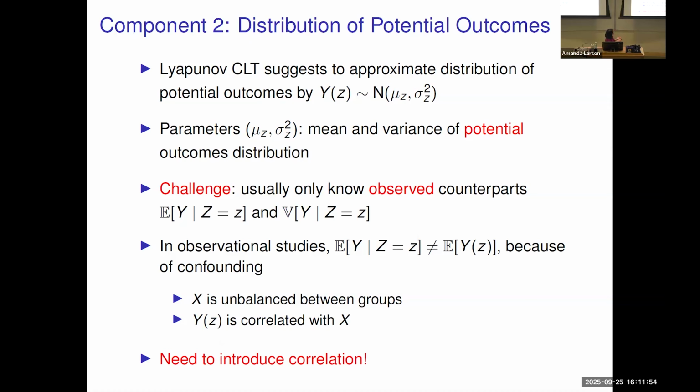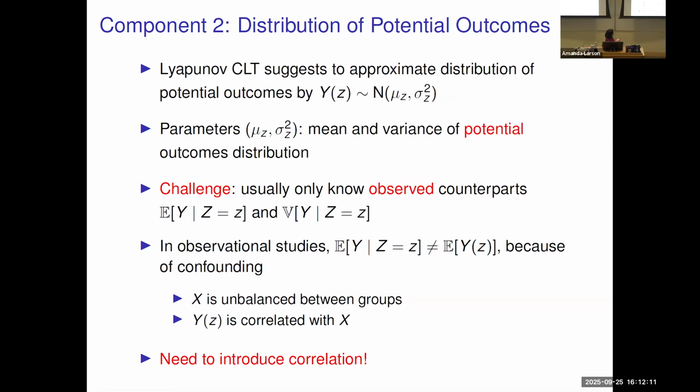The challenge is that we might at most know the observed counterpart, not the potential outcome. We might know the mean and the variance, but it later turns out we don't even know this. But to construct this problem, I still need to have this.